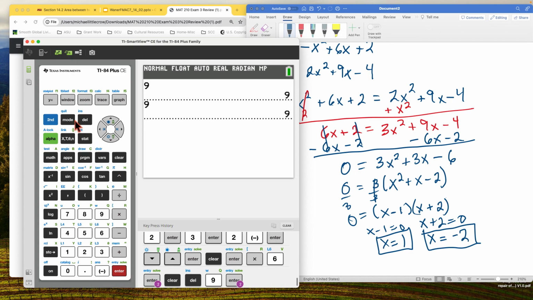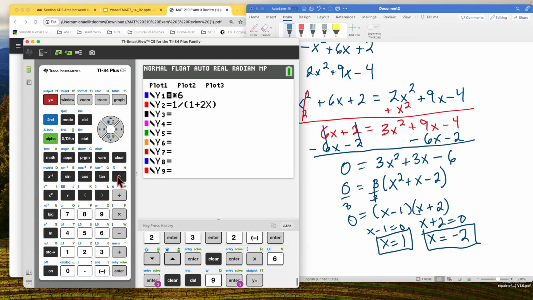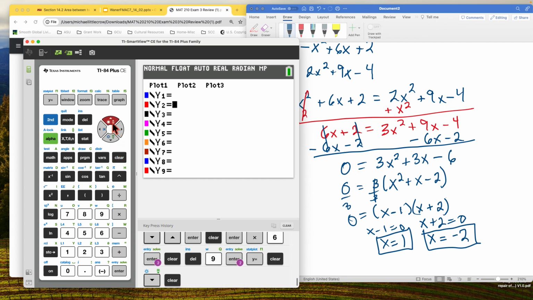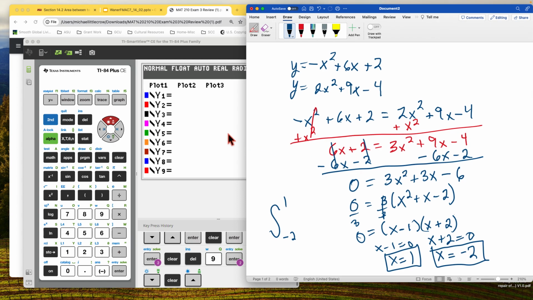And the other way we check this is we clear this, clear that. We put the two functions in and graph them.